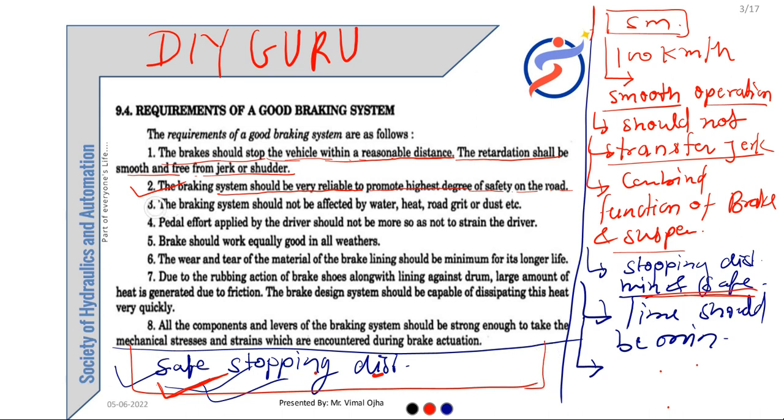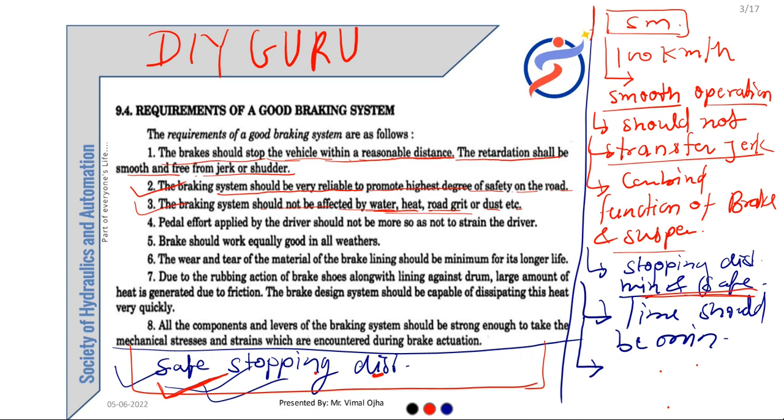So let us understand the third point. The braking system should not be affected by water, heat, road grit, dust, etc. If you have designed some kind of brake and installed it in your EV or any vehicle, what is the expectation from the brake? It should not be affected by water.